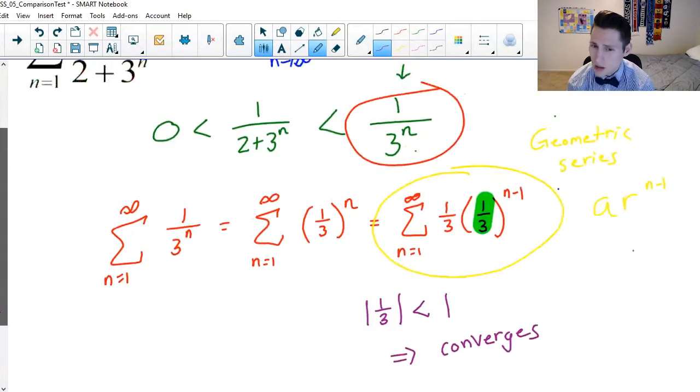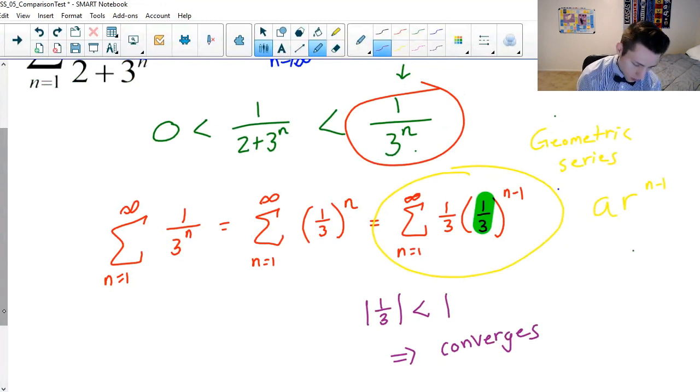And now we know this series converges. We know our 1/2 plus 3 to the n is always less than 1/3 to the n. So if the series of 1/3 to the n is converging, then it's forcing down the series that is less than that as well.